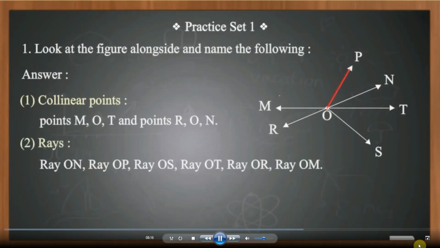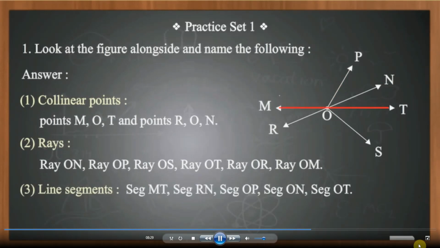Ray ON, ray OP, ray OS, ray OT, ray OR, ray OM. 3. Line segments. Segment MT, segment RN, segment OP, segment ON, segment OT. 4. Lines. Line MT and line RN.